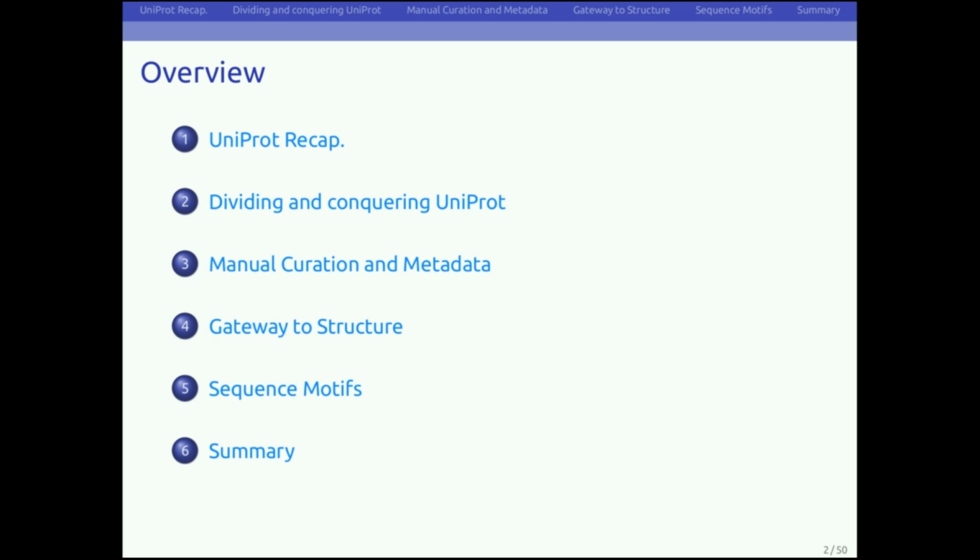Then I want to spend a few minutes talking to you about what it means to manually curate a database and some of the metadata that's available to us inside UniProt. And fourth, as I mentioned, I want to get us thinking, as you go home this weekend, to start thinking about protein sequence databases in the context of protein structure.